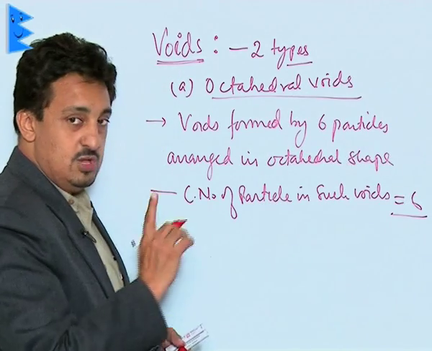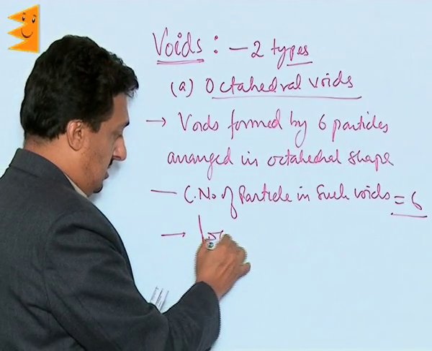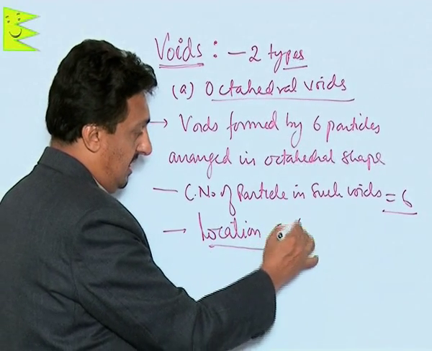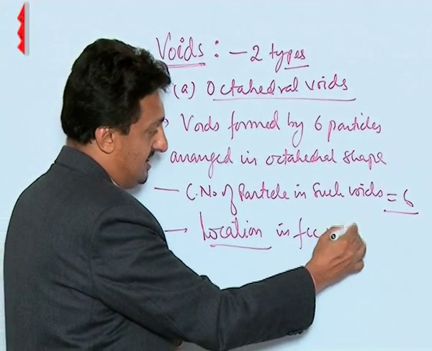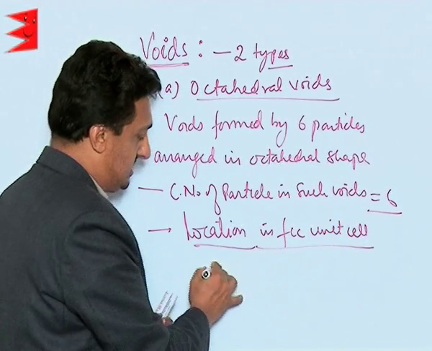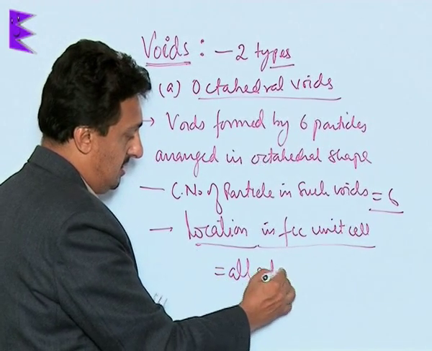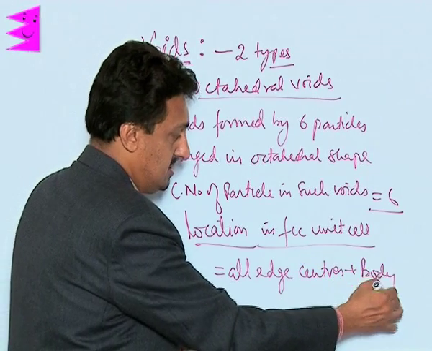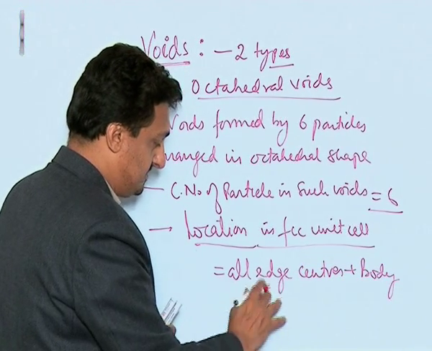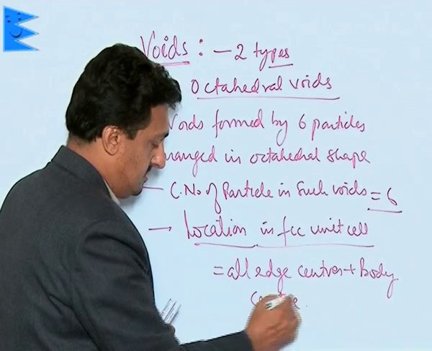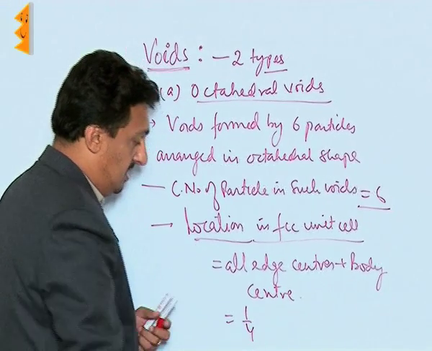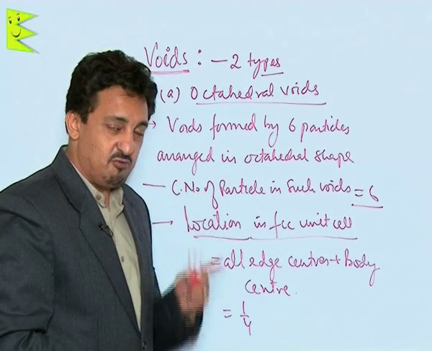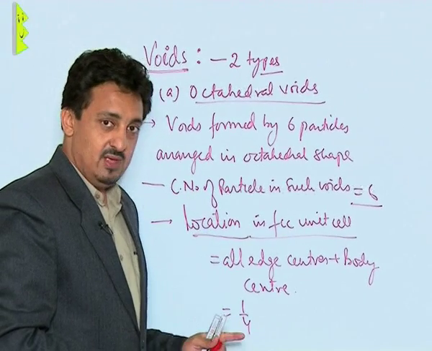Then you need to know the location. The location of these particles in an FCC unit cell is all edge centers plus body center. Each edge center particle's 1/4 portion lies in one unit cell.